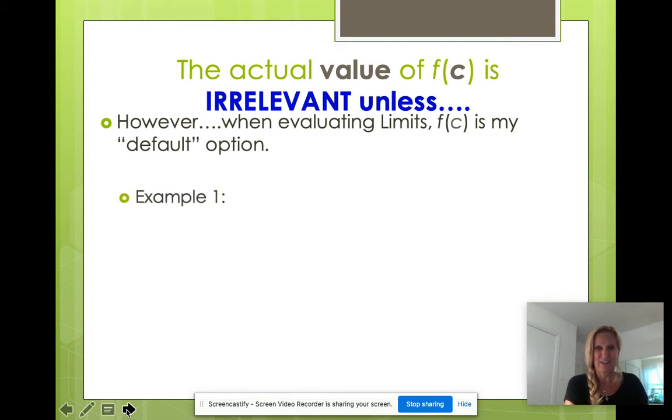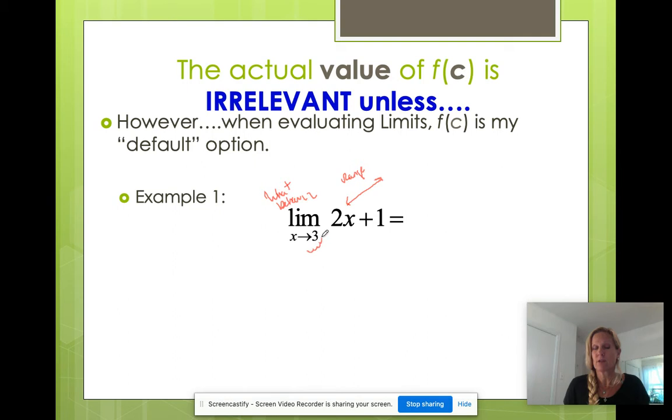I know that sounds kind of crazy. For example, what is the function behavior, what is the behavior of the range values of this function around x equals 3?